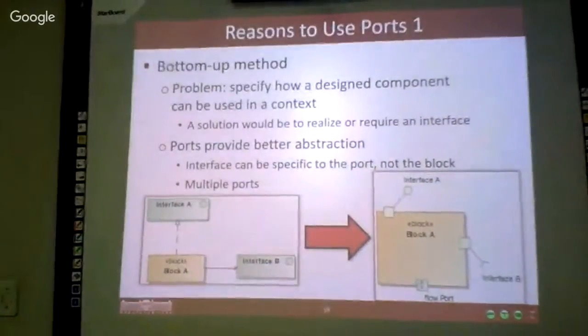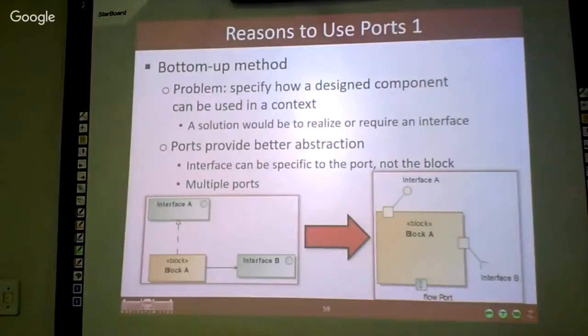And how and when to use ports? Actually, if you use the bottom-up method for system design, the problem is that you start by defining the interfaces, and then as you go on in the development process, you want to realize these interfaces, where and when to use them.